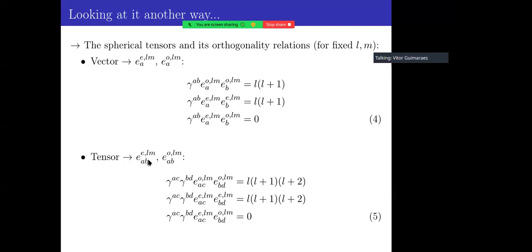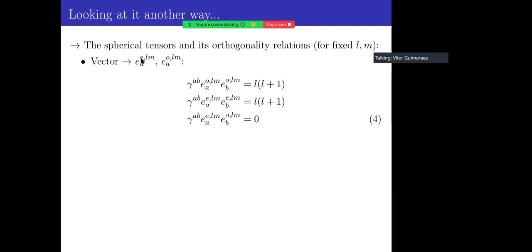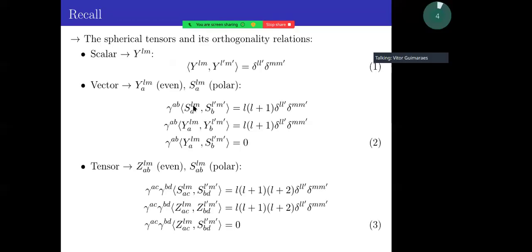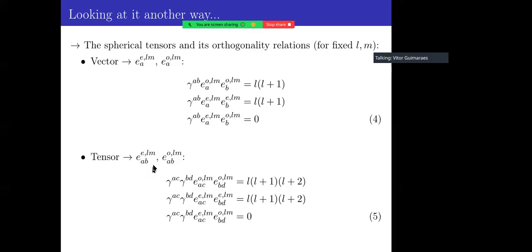I'm only translating this, and I hope that is clear. All that I'm doing is translating this into a more friendly form. So Y_A is basically the even vector E_A, and S_A will be the odd vector. And the same goes here: this would be Z_AB, and this would be S_AB, which we are already acquainted with.